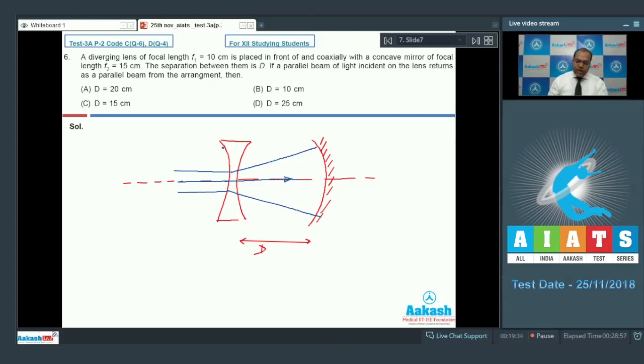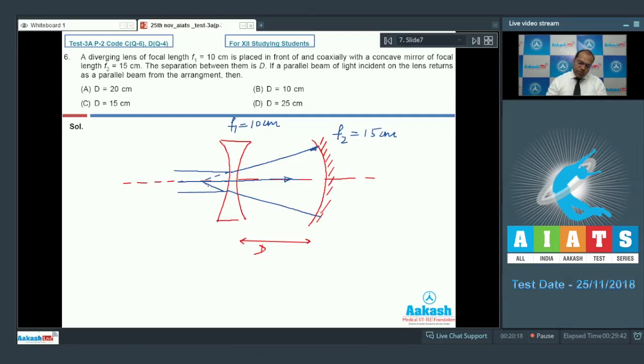After passing through the diverging lens, they appear to come from the focus of the diverging lens, and it is given in the question that the focal length of the diverging lens is 10 cm and the focal length of the concave mirror is 15 cm. If the parallel beam of light has to retrace its path, then it must fall normally on the concave mirror.